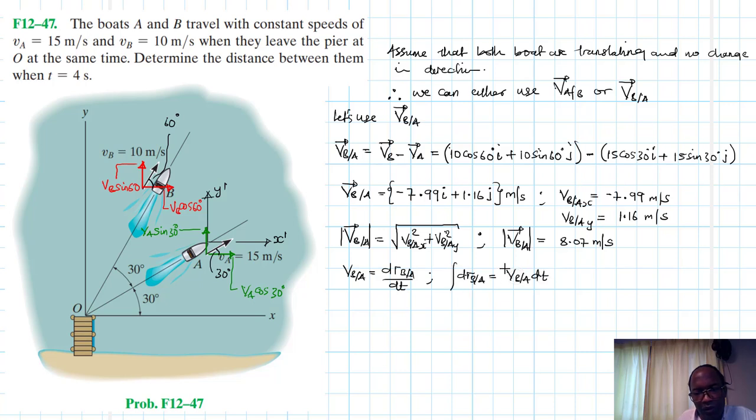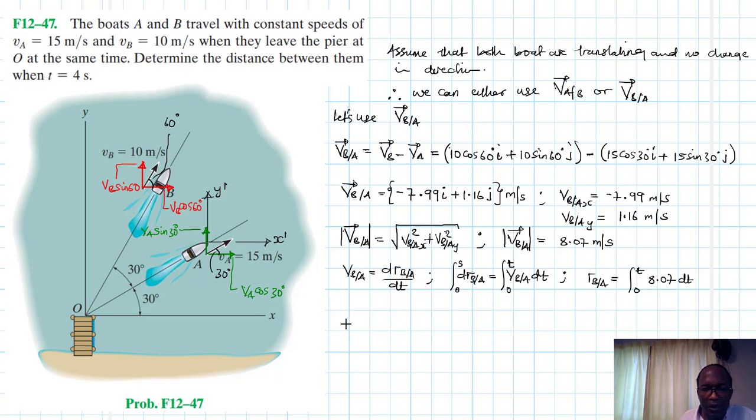If we integrate both sides, 0 to S distance and 0 to t, then we are going to have rBA equal to the integral from 0 to t of 8.07 dt.